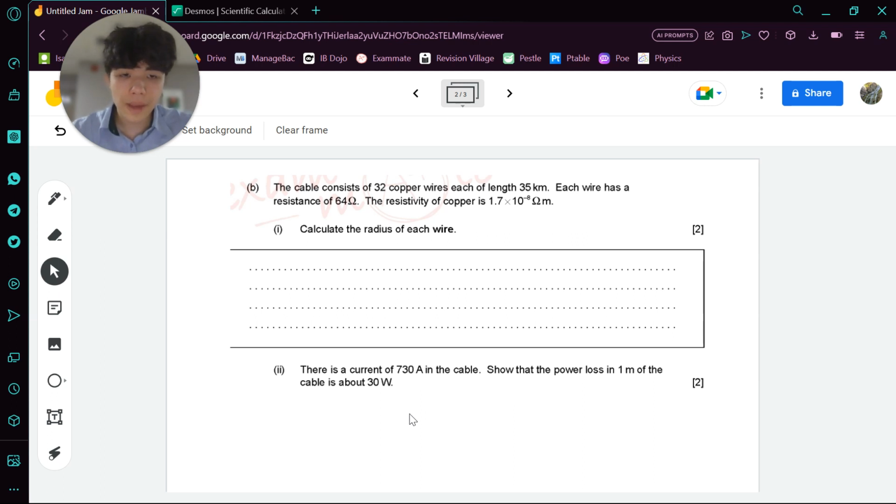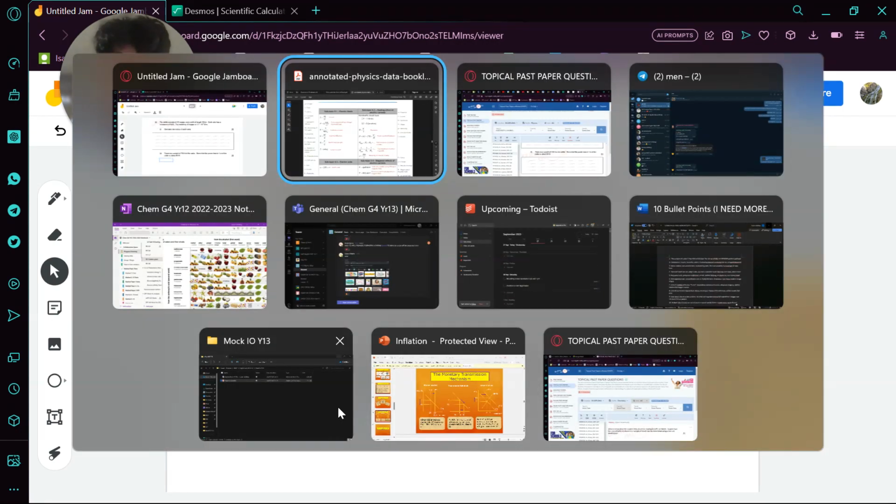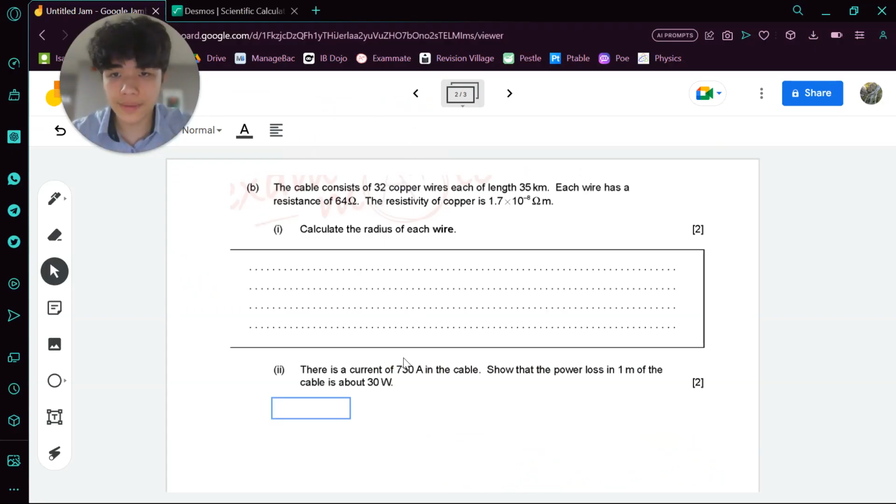So for this, to calculate the radius, you can use the formula for area of a circle because they are circular. So we go to the formula booklet and we have the resistivity of a metal wire, which is resistivity is equal to resistance times area over length.